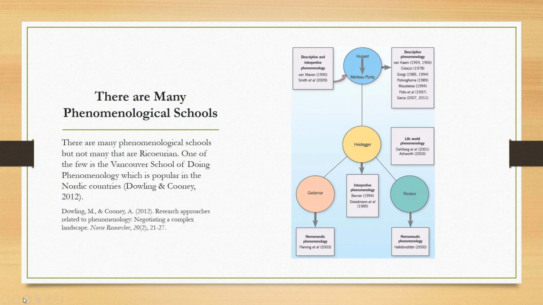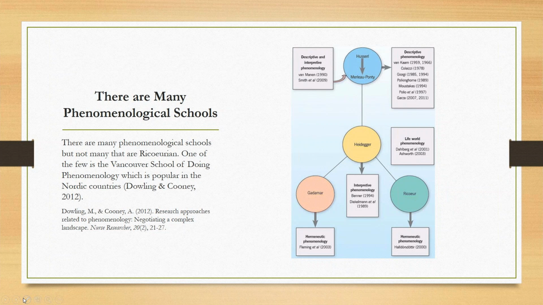While some Husserlian phenomenologists say that Husserlian phenomenology is only descriptive, Spiegelberg says Husserl didn't actually say that you couldn't interpret, he just didn't mention it. So at least Dowling and Cooney have divided them into two and include interpretive phenomenology, for example, Max van Manen.